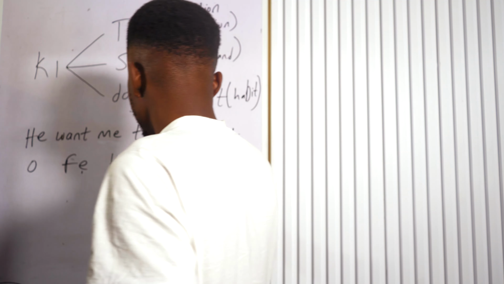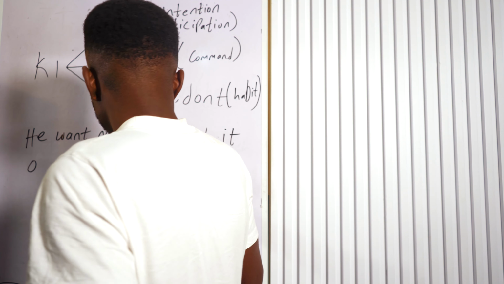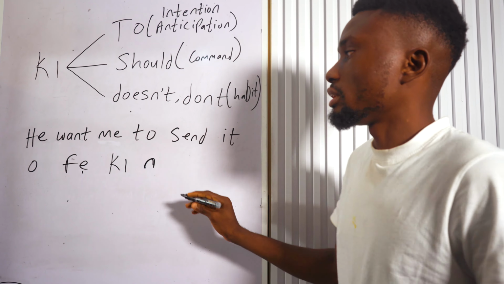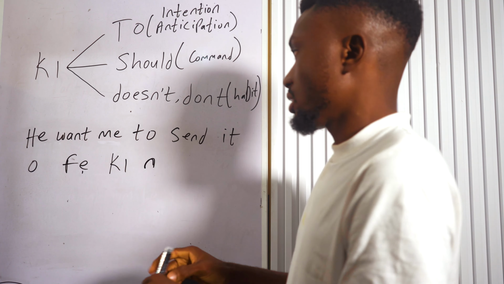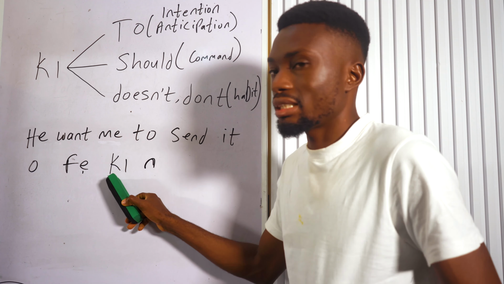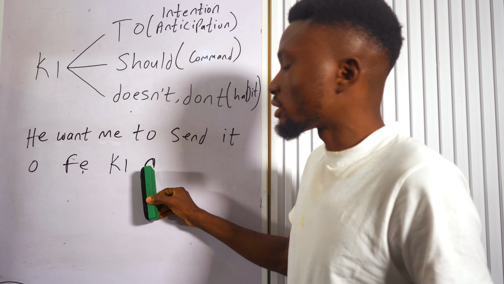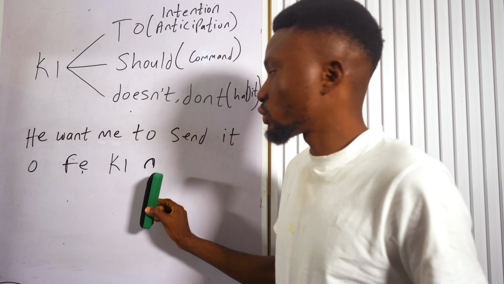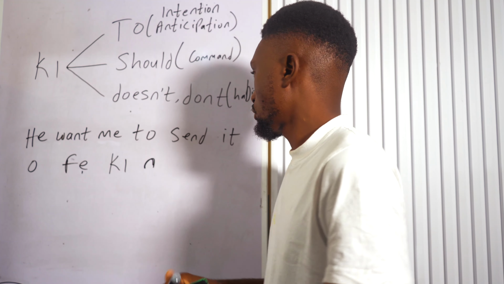Whenever you're using kí, the kí comes and then the pronoun follows. Ó fẹ́ kí n. So whenever you're using kí, this is supposed to be "me", but whenever you're using kí, "me" always turns to n. Ó fẹ́ kí n send here.